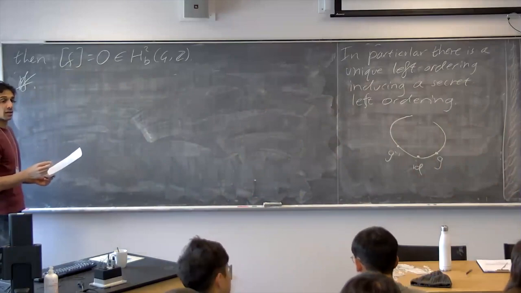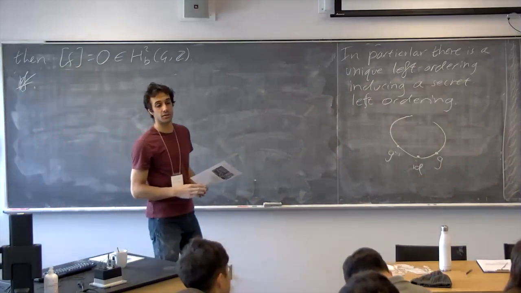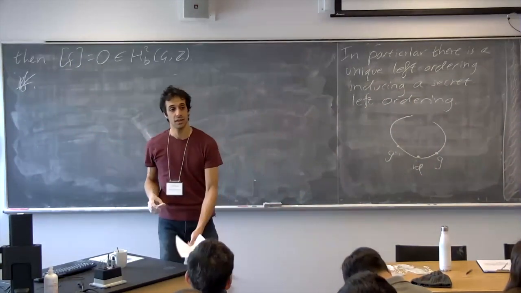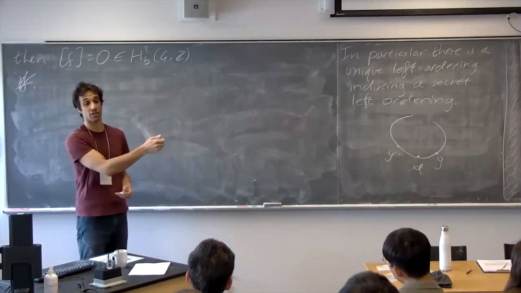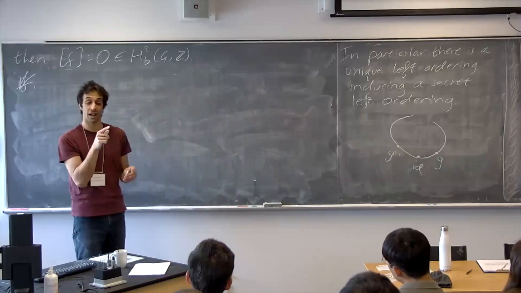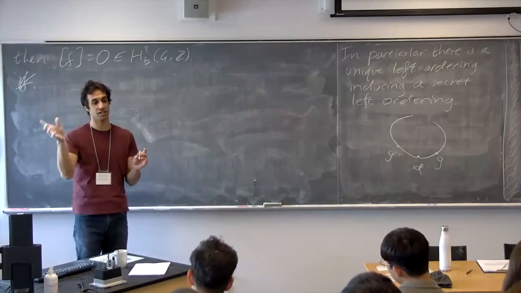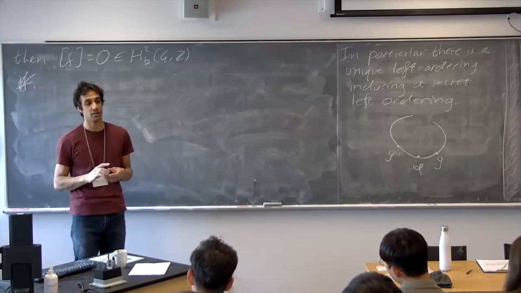Shouldn't this also be true in usual cohomology as well? No, because every circular ordering on the integers is 0 in regular cohomology. But there are circular orderings on the integers by just mapping the generator to an irrational rotation in S1, circular orderings which aren't secret left orderings. It's not going to be true.